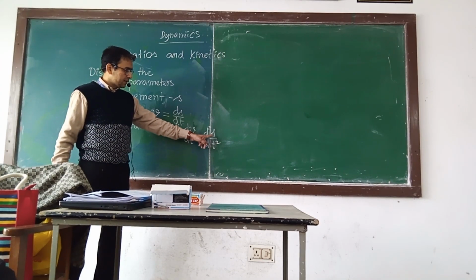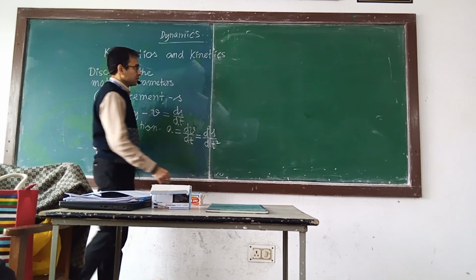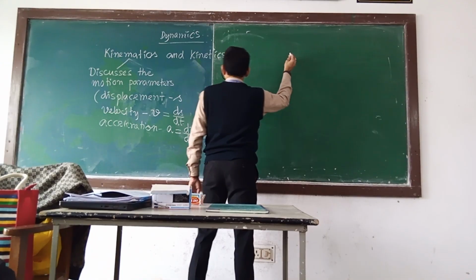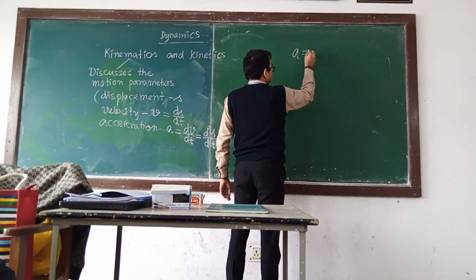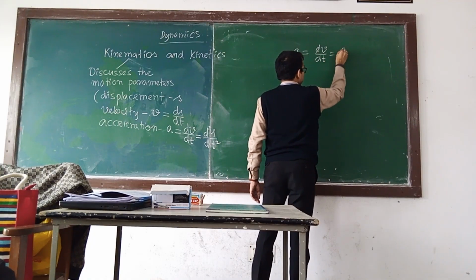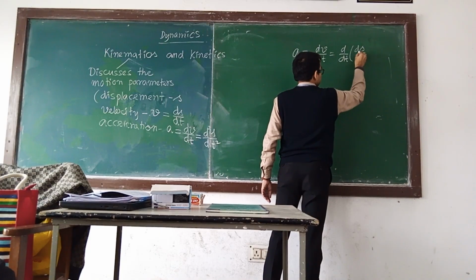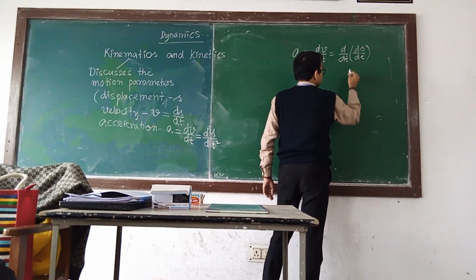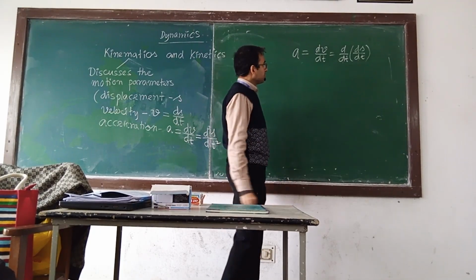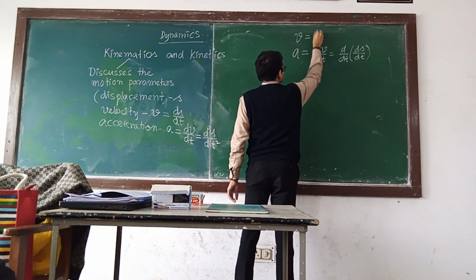If you write acceleration is equal to dv/dt, is equal to d/dt of v, and what is v? ds/dt. So that is rate of change of displacement, isn't it? And v is simply ds/dt.